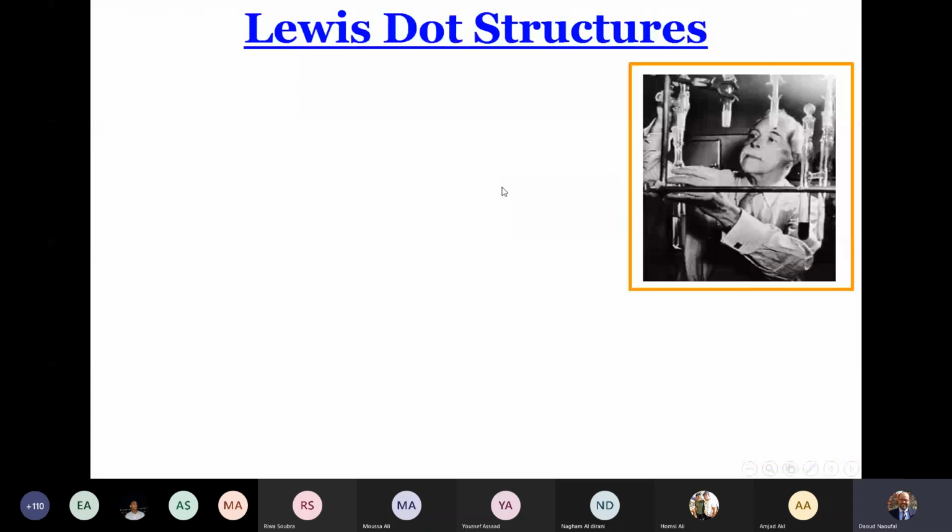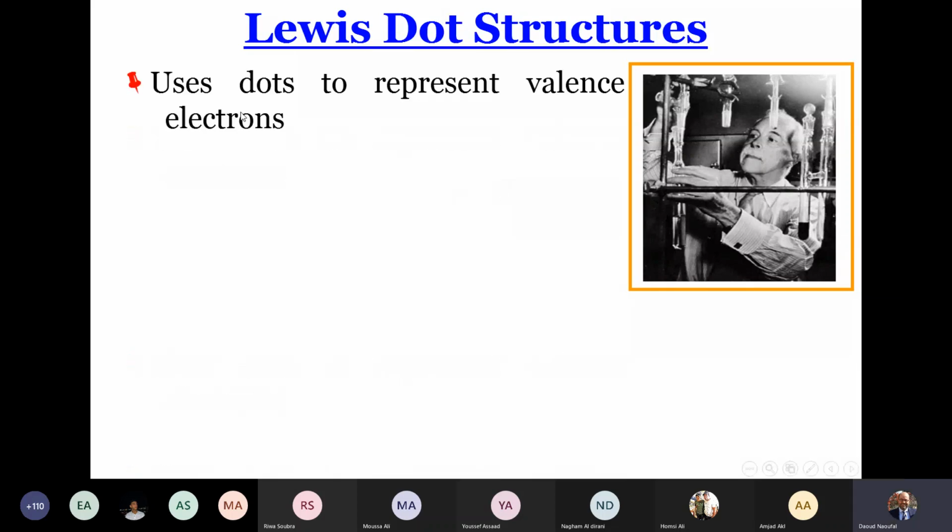We pass to Lewis structure. Lewis used dots to represent the valence electrons, and the notation is known as Lewis dot symbol.